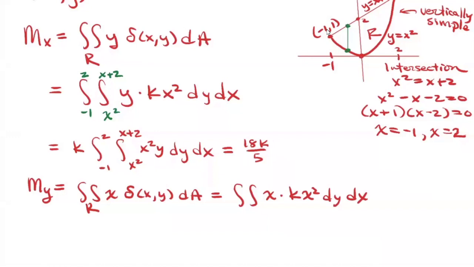And y is going to range from x squared to x plus 2. So as I say, the limits are always the same on both integrals. Those are limits on y from x squared to x plus 2, and then x goes from -1 to 2, like that.